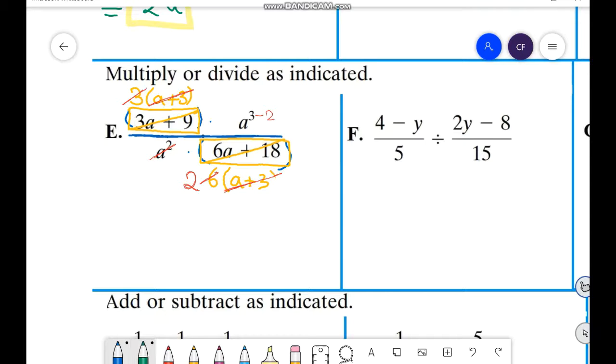What's left after all the simplifications? On the numerator, you're going to have a exponent 3 minus 2, a 1. And at the bottom, we will have number 2. The only thing that's left is 2. That is the answer for letter E.